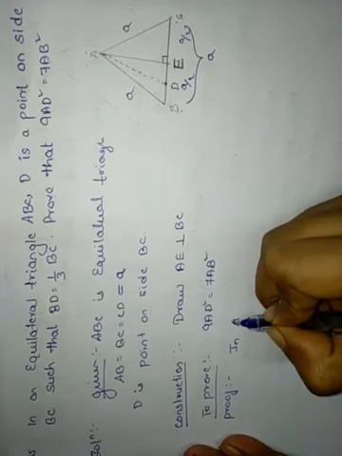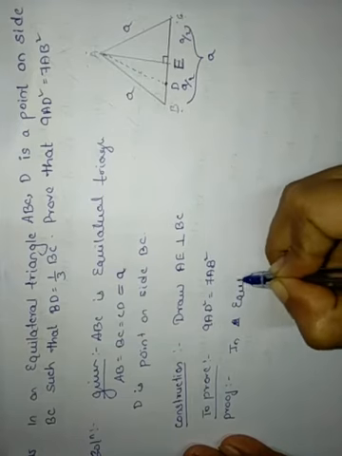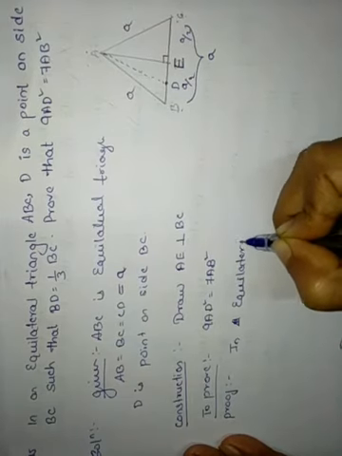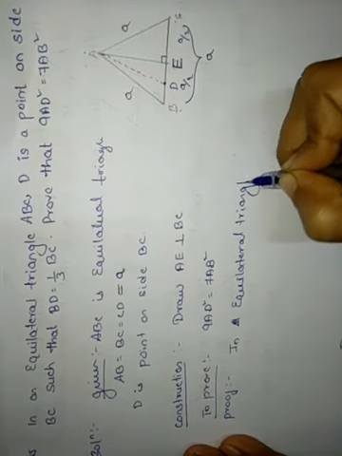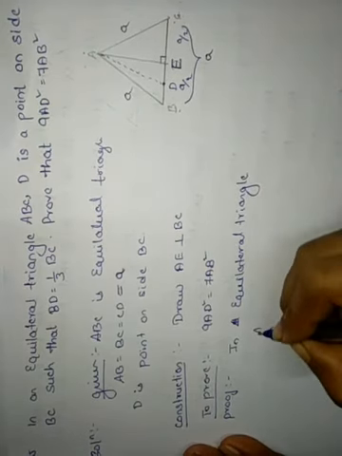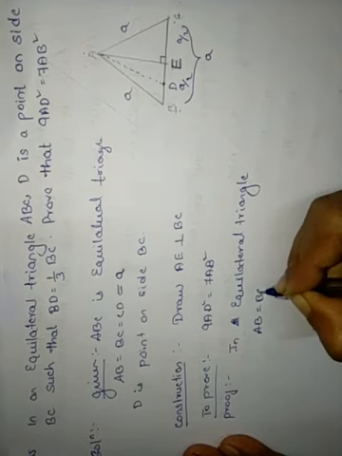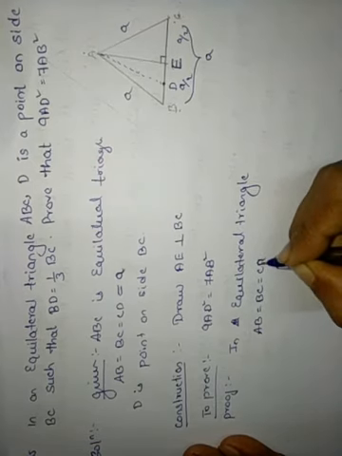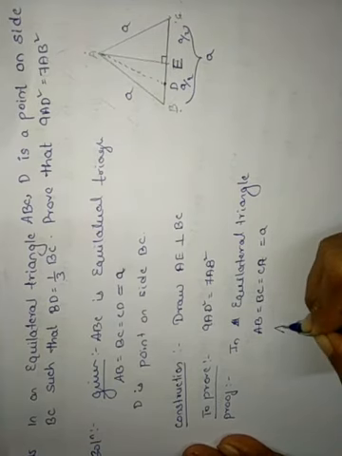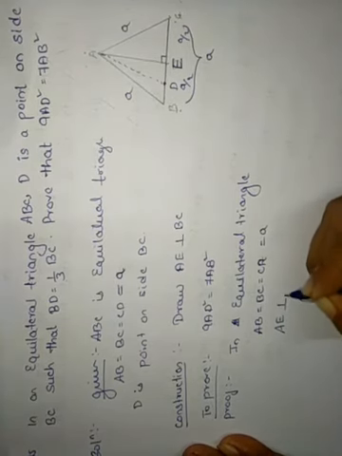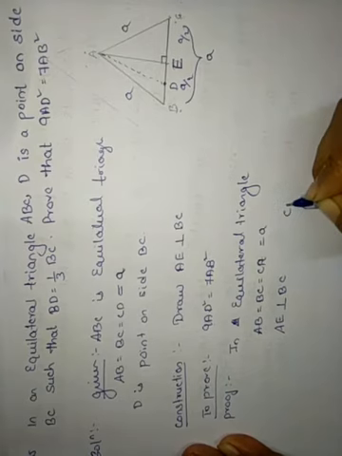In equilateral triangle, AB is equal to BC is equal to CA, which is equal to small a, right? And also we know that AE is perpendicular to BC. This is the construction.